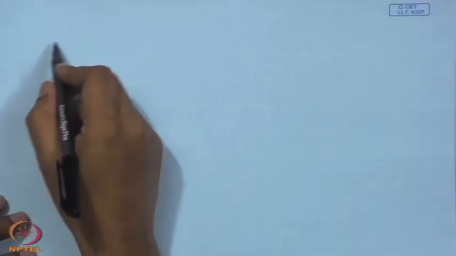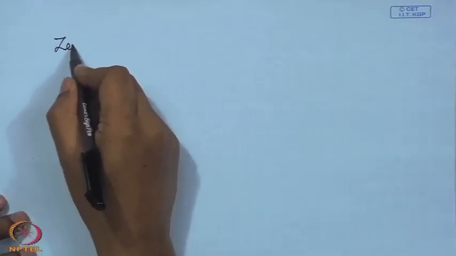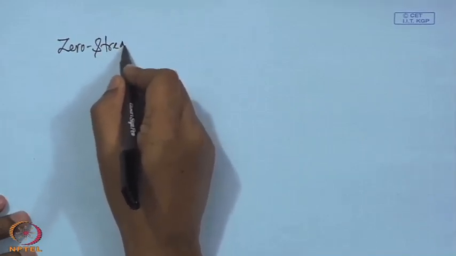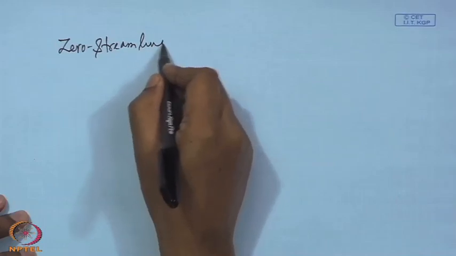Anyway, so with this, what would be the zero streamline? If we take that constant to be 0, what is the zero streamline? Theta equal to 0 is of course a zero streamline.